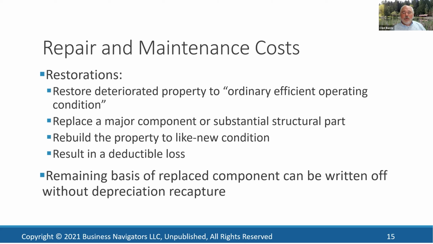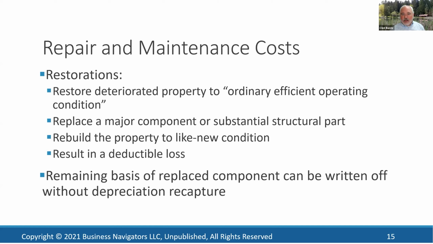And now we put on a new roof, and it costs us $30,000. That new roof, we have to capitalize, and we have to start depreciation over just on the roof. So we can capitalize that new roof, and it's going to be either 27 and a half or 39 years, depending on whether it's a rental property or not. We're going to capitalize the new roof, but we can write off the old roof.